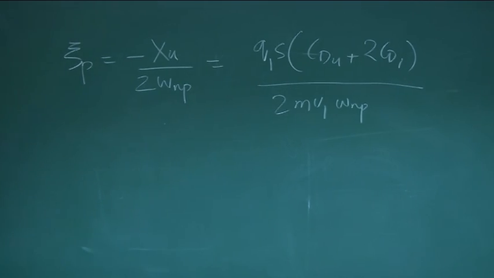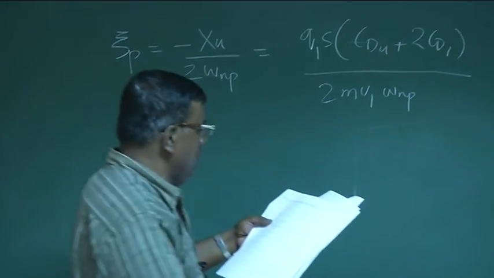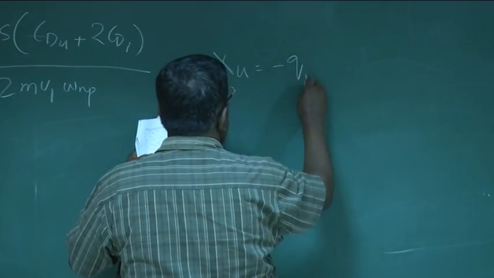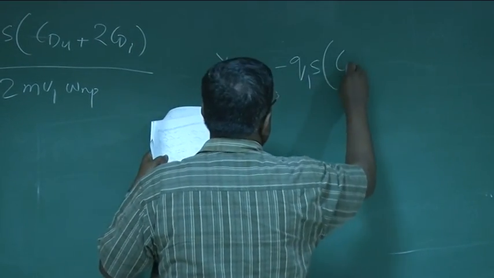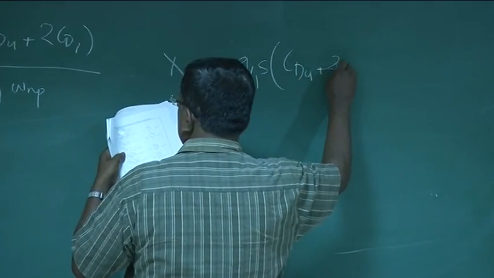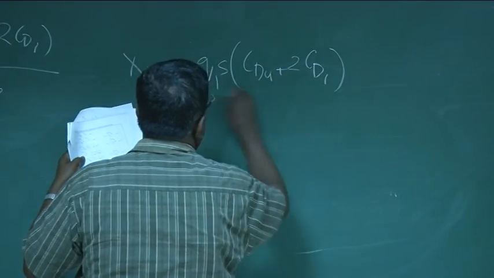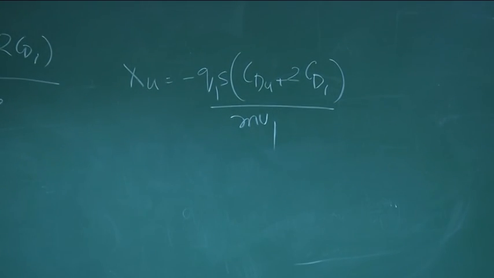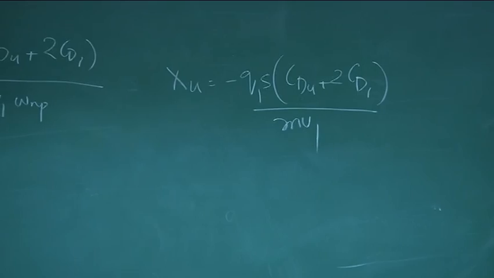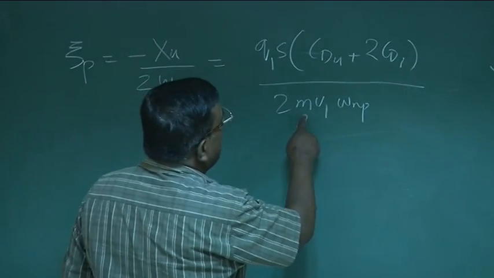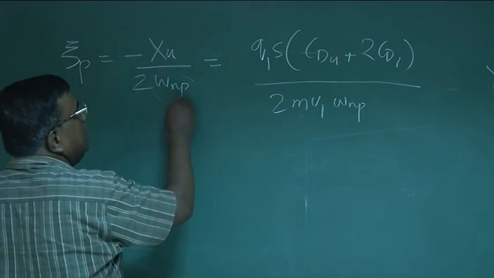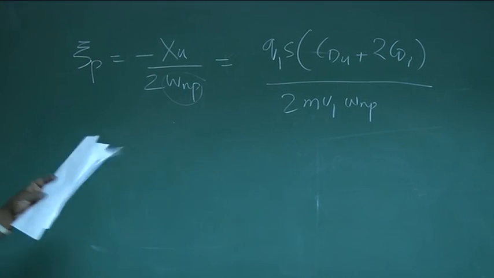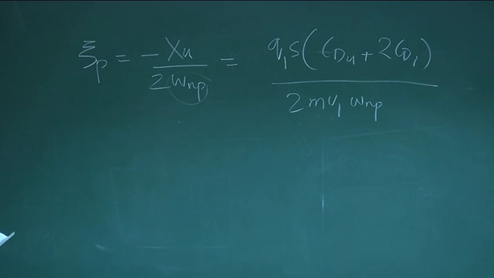And what was xu? xu is minus Q1 S CDU plus 2 CD1 divided by m U1. Nothing big we have done. Q1 S CDU plus 2 CD1 by 2 m U1, divided by omega n. Right? Although it looks like something big, it is simple and straightforward.